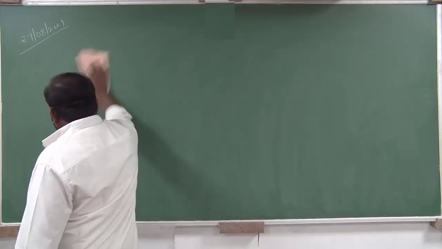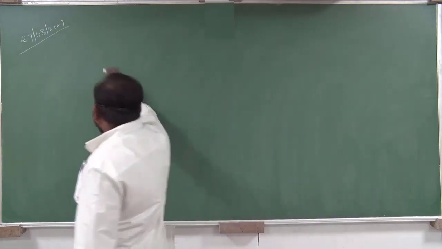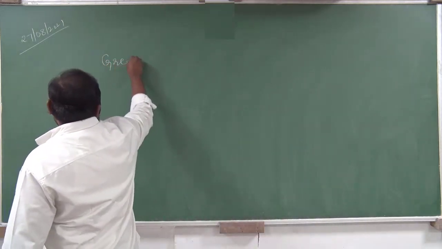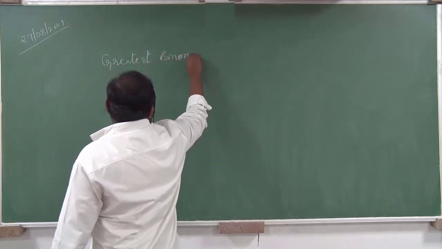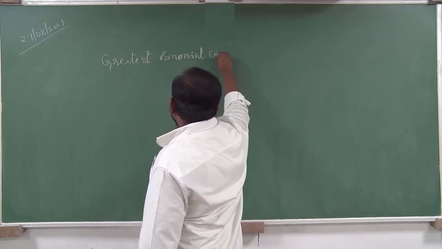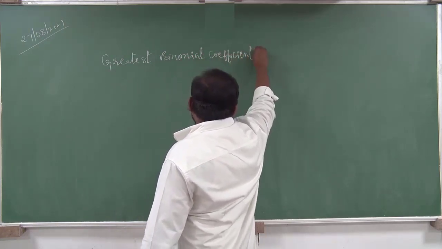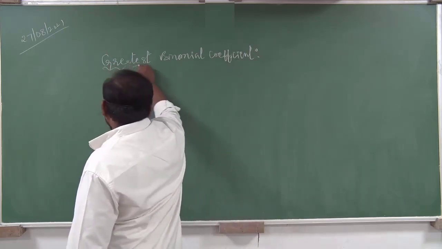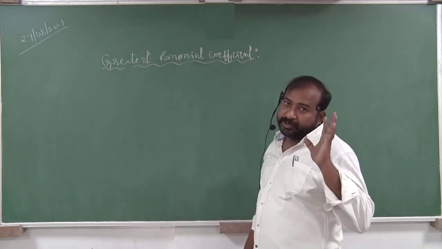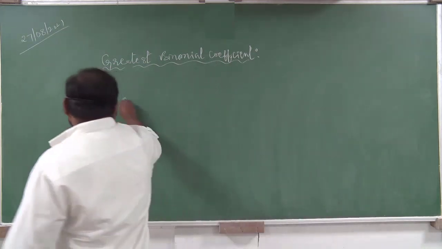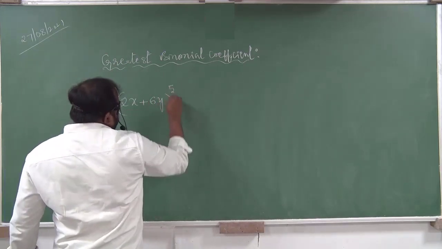Now in this class I will give one more important point: greatest binomial coefficient. This is important. What is the greatest binomial coefficient? Simple logic. For example, (2x plus 6y) whole power 5.